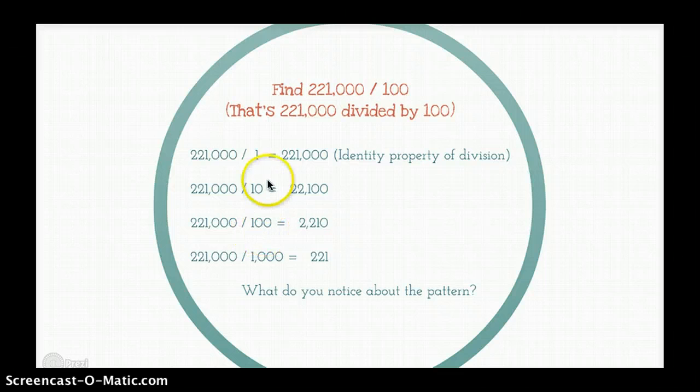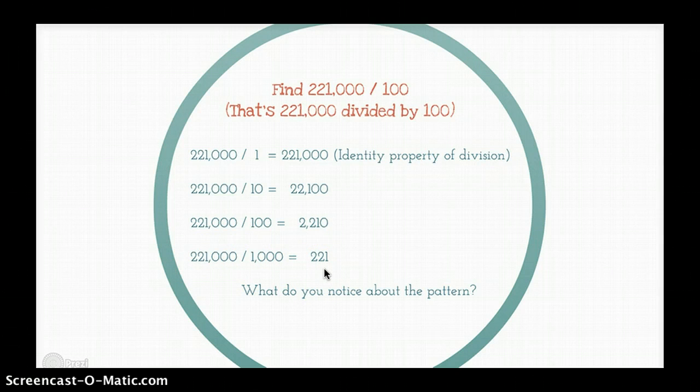Then if we divide it by 100, so there's another 0 on our divisor, we get 2,210. And then if we divide by 1,000, so again, another 0, 221,000 divided by 1,000 is just 221.